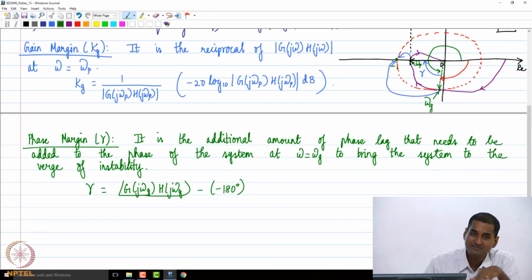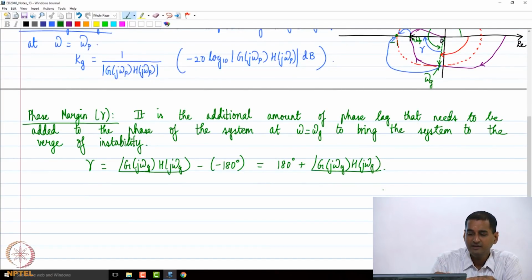It can be positive in some instances, we'll see, when we want to add phase to the system, but by and large it is negative. So the first number is by and large negative, and then you subtract it from minus 180. So the equation is 180 degrees plus the phase of the open loop transfer function at the gain crossover frequency. This is the formula for calculating the phase margin of the system. Is it clear? Okay.